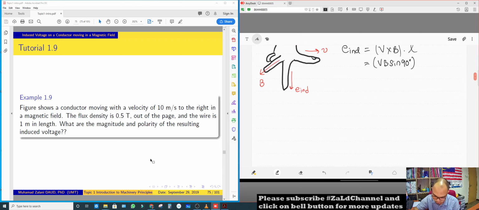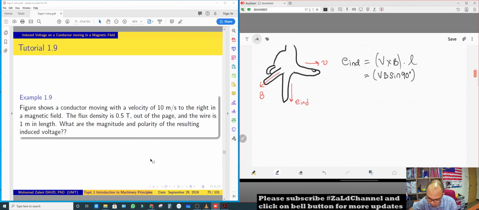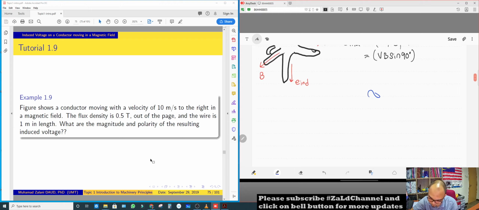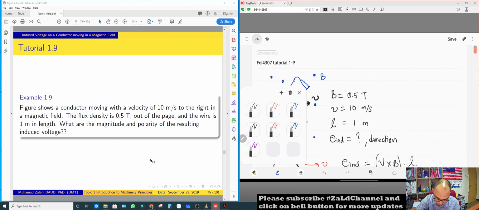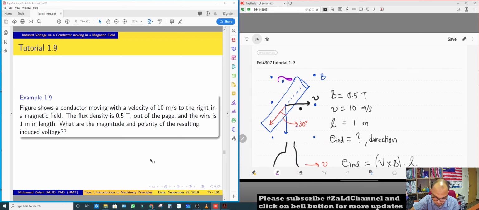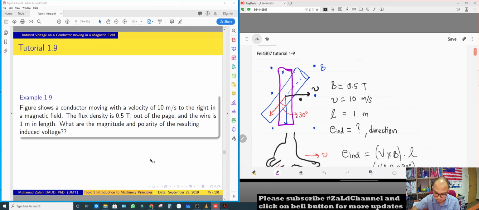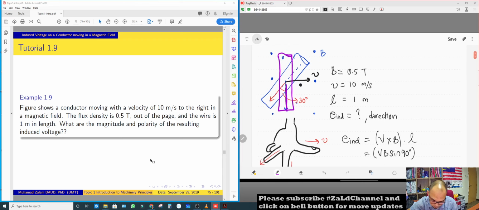If I redraw this wire, suppose we want this wire to look like this. Let me draw it on the original figure. Suppose we want this wire to look like this, straight. Okay, so meaning that we want this wire to be this direction, right?